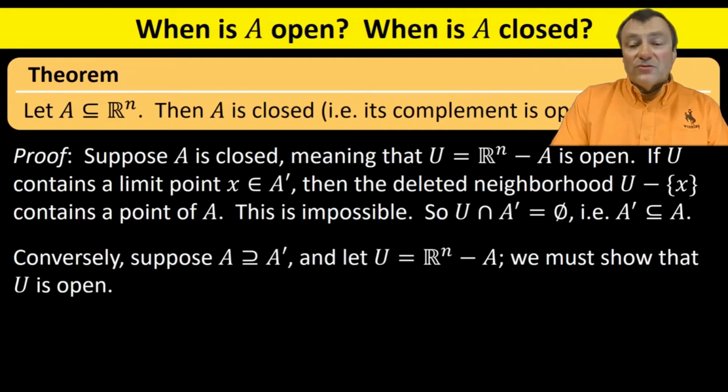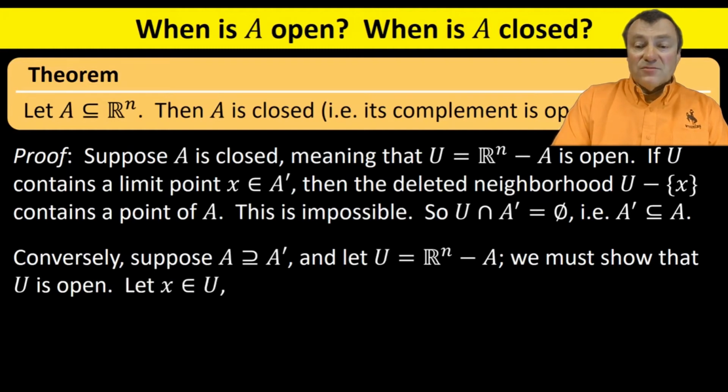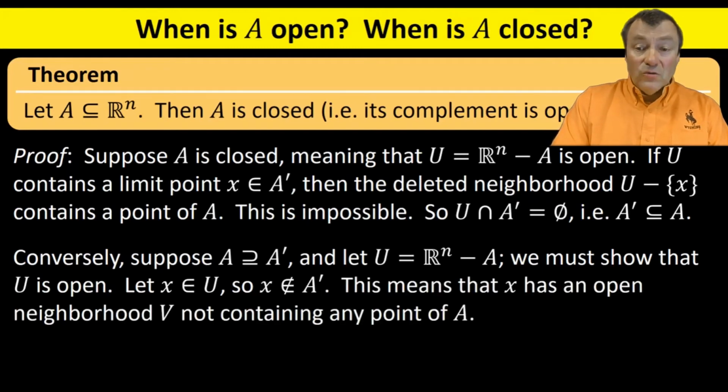For the converse, suppose A contains all its limit points. Again, we'll denote the complement of A by U. In order to show that A is closed, we must show that U is open. So let X be a point of U. Since X is in the complement of A, it certainly cannot be a limit point of A, right? All the limit points lie inside A. So X has an open neighborhood V, which doesn't contain any point of A. Why is this?